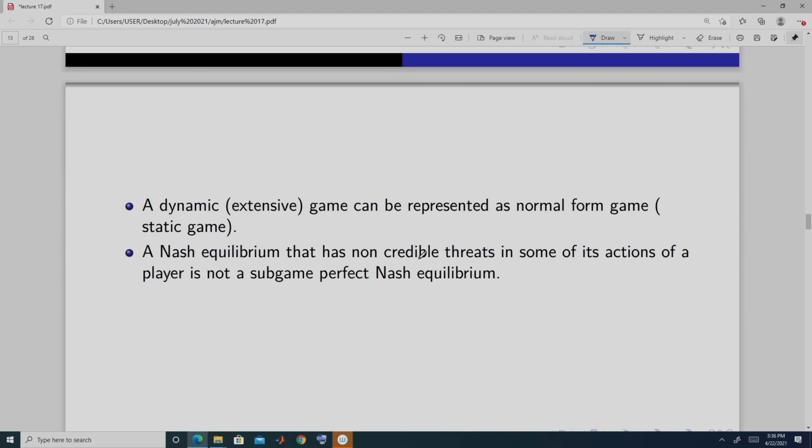If there are some non-credible threats, then it is a Nash equilibrium but not subgame perfect. So, I will discuss that now.